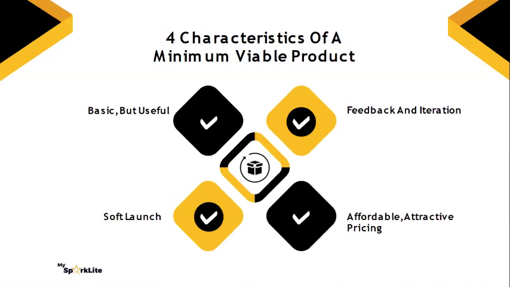So the next question you might be asking is, what are the characteristics of a minimum viable product? Some will say make it basic but useful. But in building a minimum viable product, you have to be as visualistic as possible, which means that if you can make your website have motion, the less static the website is, the more interesting it is going to look.